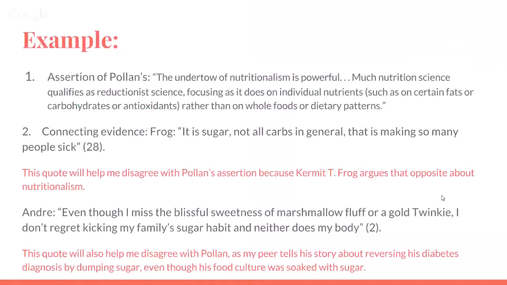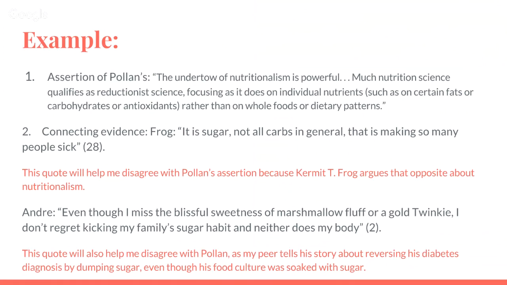As my peer tells a story about reversing his diabetes diagnosis by dumping sugar, even though his food culture was soaked with sugar, right? So this is about sugar. This is about individual nutrients, of which sugar could be one. And the writer's going to use this last quote to say, you know, focusing on one nutrient helped Andre not get diabetes.